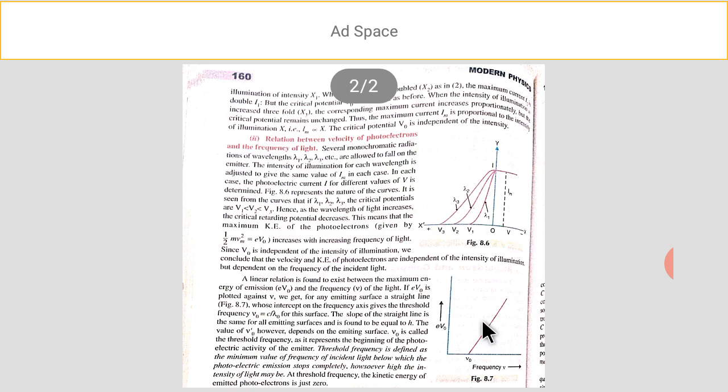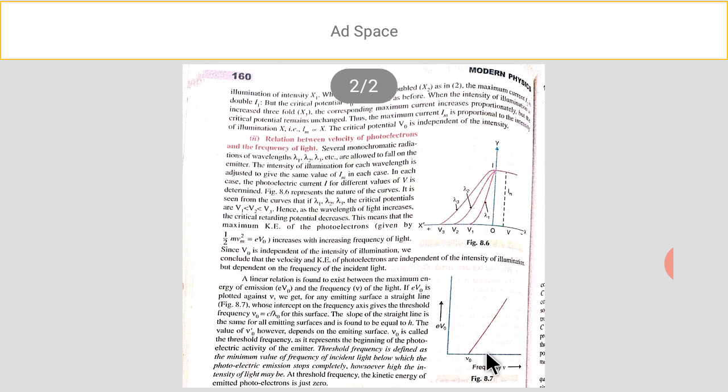Now here is a graph between frequency and eV0. A linear relation is found to exist between the maximum energy of emission eV0 and the frequency nu of the light.